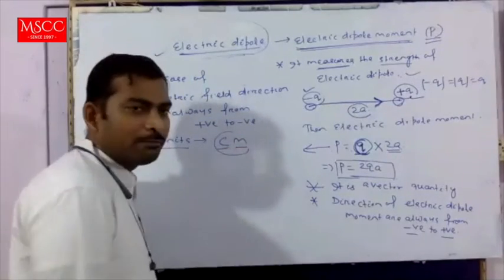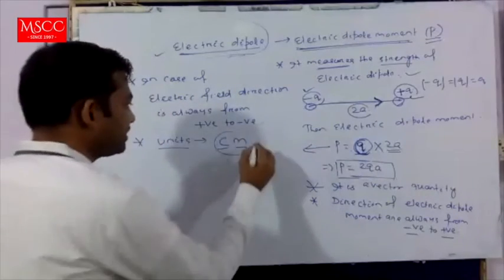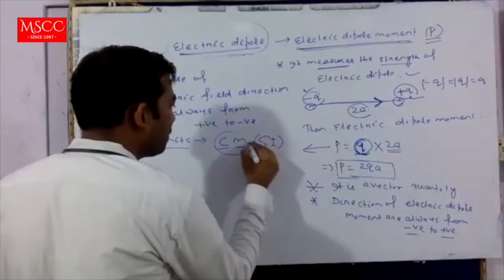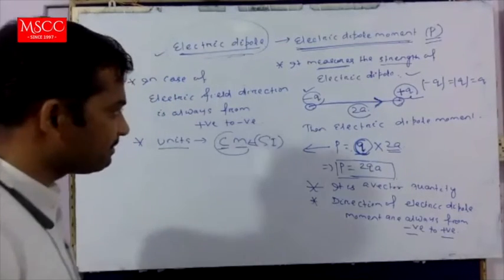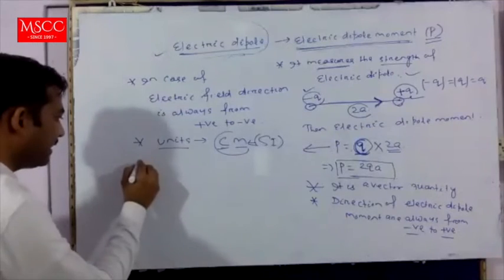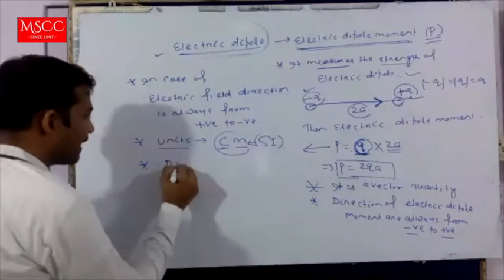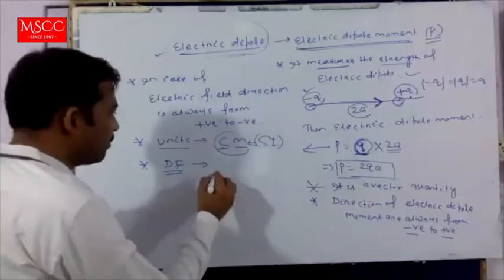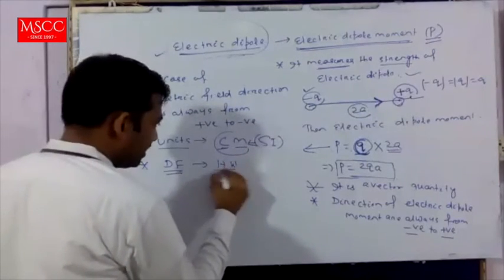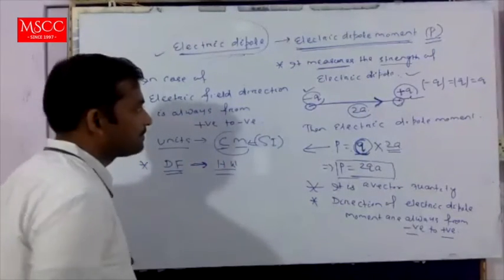Coulomb into meter. The SI unit of electric dipole moment is coulomb meter. Also find its dimensional formula. Homework.